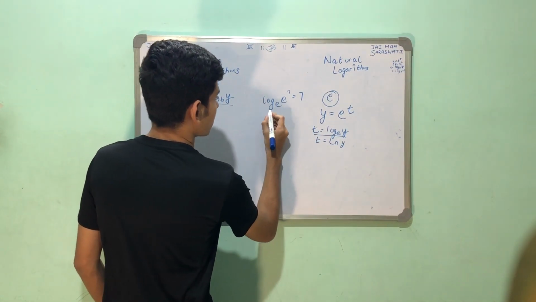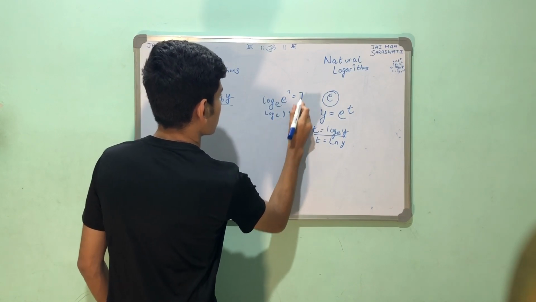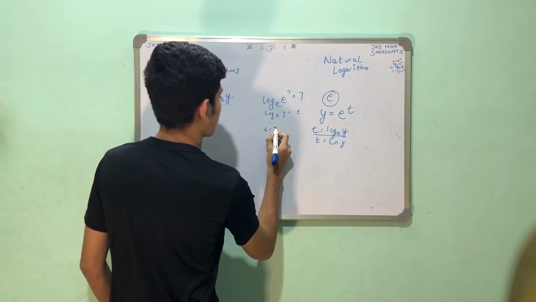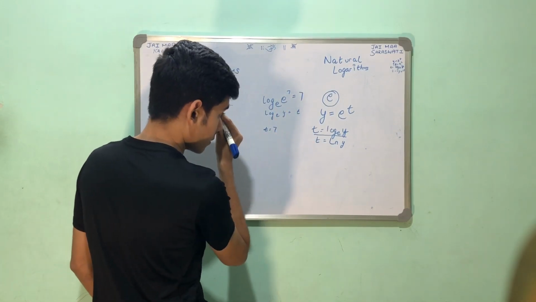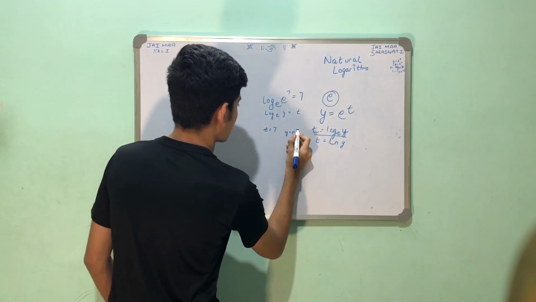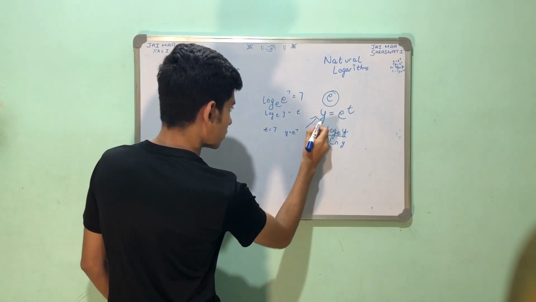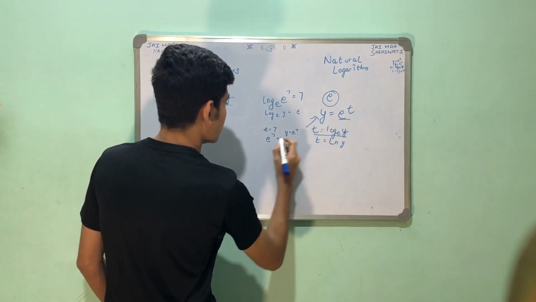So to prove this, we can use this form: log base e of y equal to t. Here t is 7, e will be e as itself is, and y is e to the power 7. Going to this form, e to the power 7 equals e to the power t.